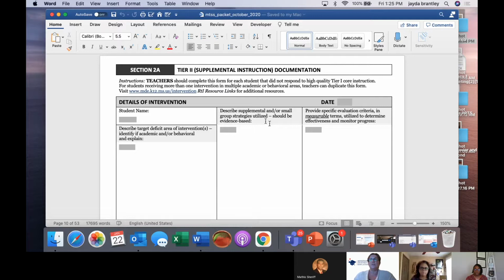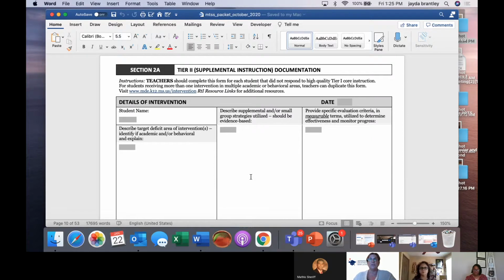This center column here describes supplemental and/or small group strategies. So I tried to be really precise here as to what we are actually doing during intervention time. Am I providing additional modeling as part of my intervention? Are we utilizing some type of manipulative that the other students don't utilize?